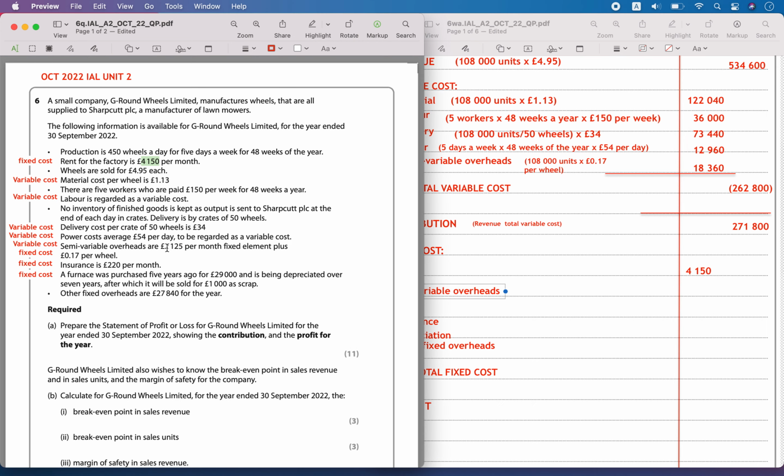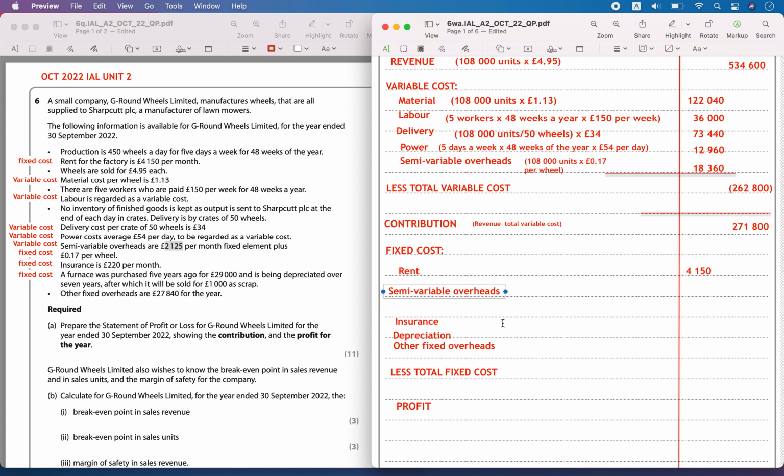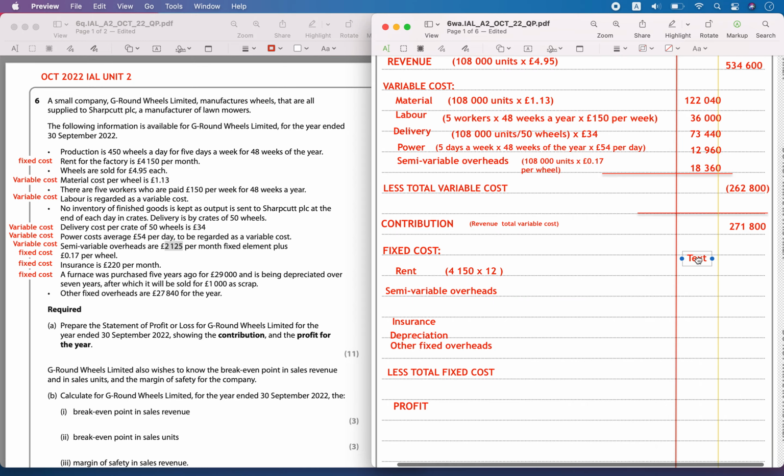So per year you have to calculate, so that is equal to 4150 into 12, that is 49,800.